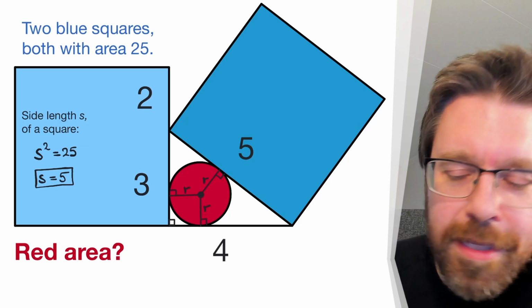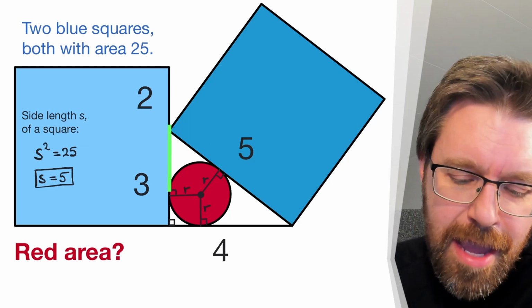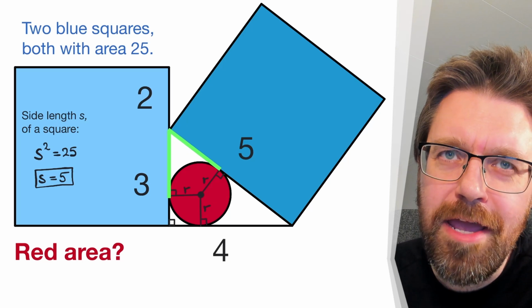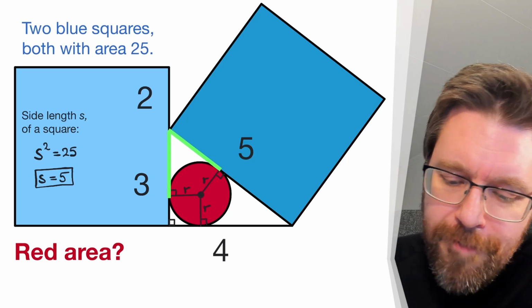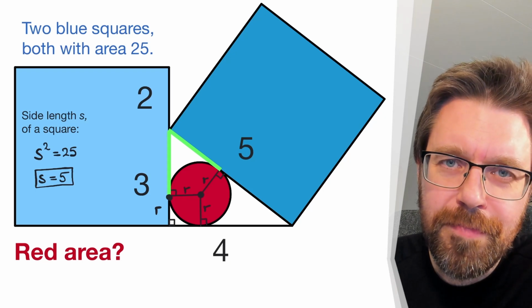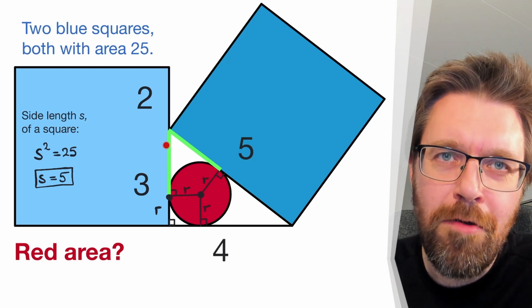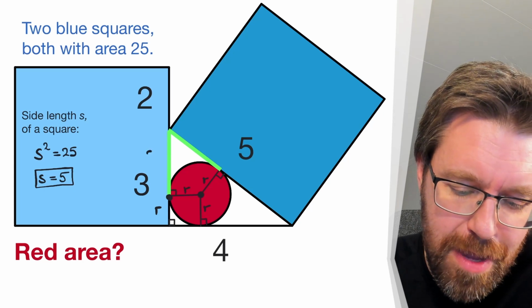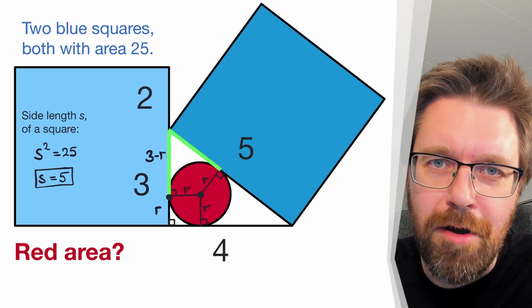Now we know that this side right here must be exactly the same as this side over here. That means that if we have little r here to this point, and because the whole side here is 3, then the green piece must be 3 minus r.